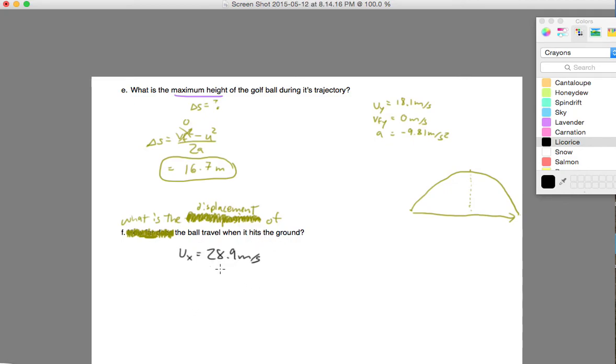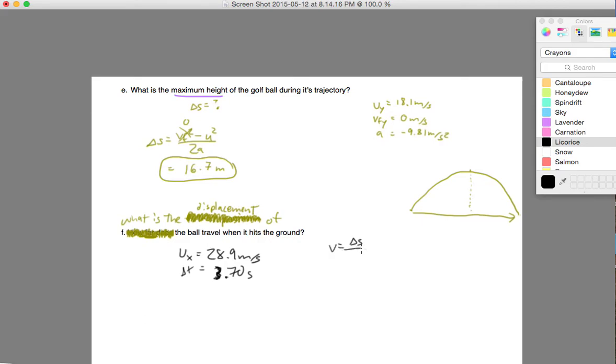If we know the rate it's going and the time it travels at that rate, we can figure out how far it travels. So our delta t, our total time, was what we found at the beginning of the video, which was 3.70 seconds.